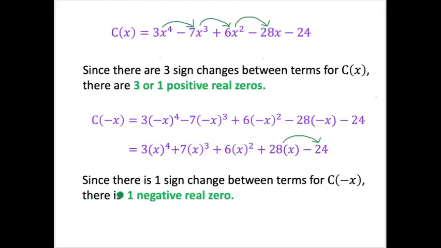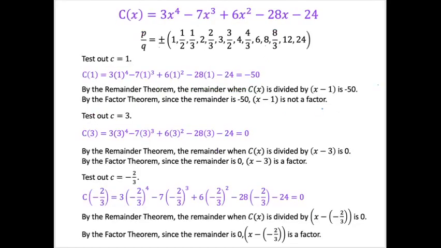And we also saw that there is one negative real zero. Well, after doing all of our work, we see that c equals negative 2/3 is the negative real 0. So we're done with the negative rational roots. If we wanted to, we could test all of these out. I've already done the work beforehand on this. I just wanted to show you these examples. But if you're doing it on your own, you might want to test these all out.